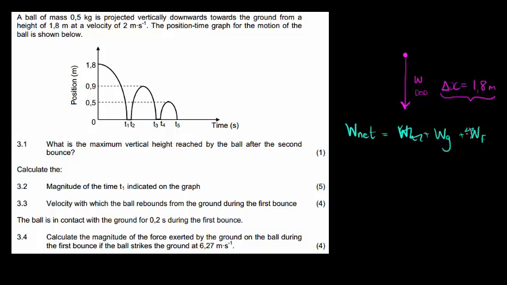These two don't exist. Now for net work, what am I going to use? Change in kinetic energy, which we said is a half mass, future velocity minus initial velocity. Or net force times displacement, or mass acceleration delta x.